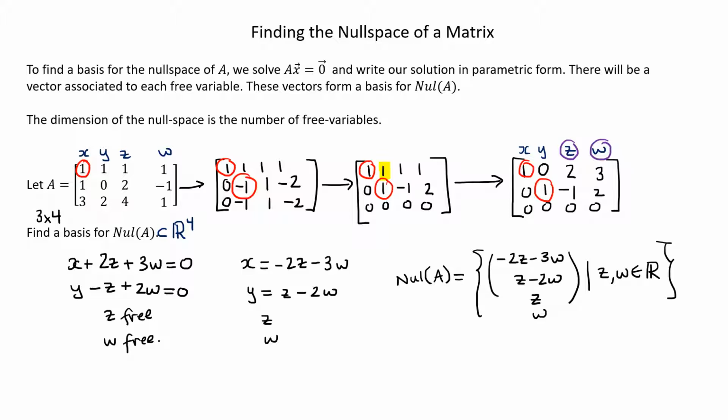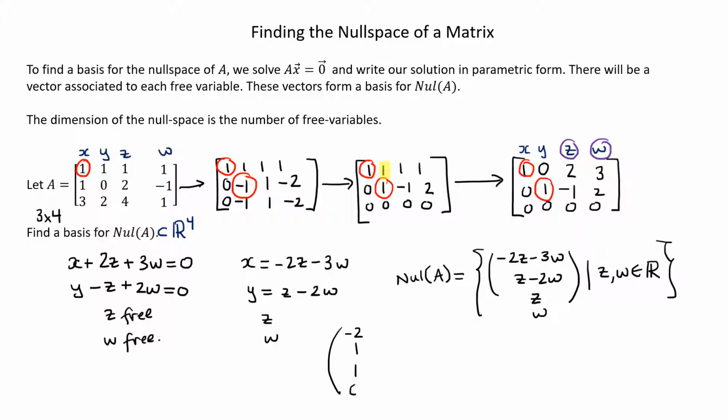If we want to find a basis, though, what we're going to do is separate these two variables. What that looks like is I'm going to pull apart all of the pieces that have z's in them. So I've got -2, 1, 1, and 0 times z. What about w's?